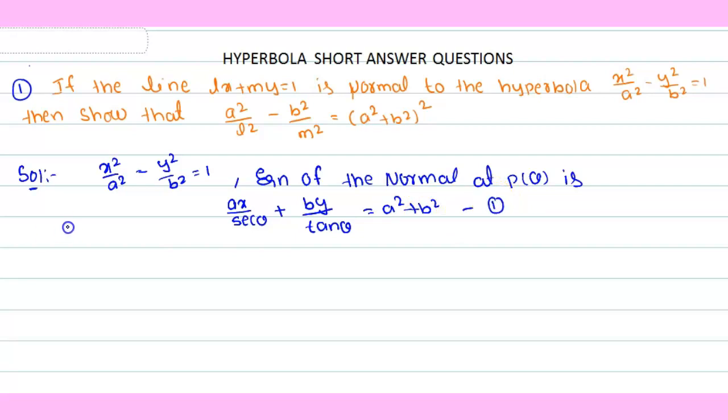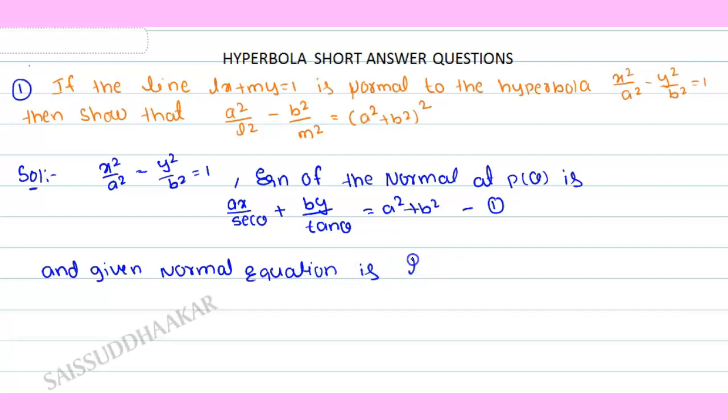And the given normal equation is Lx + My = 1, naming it as equation 2.